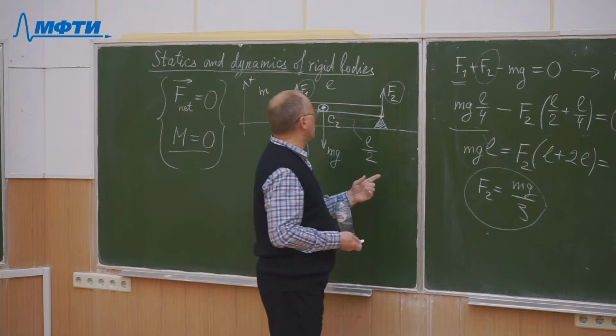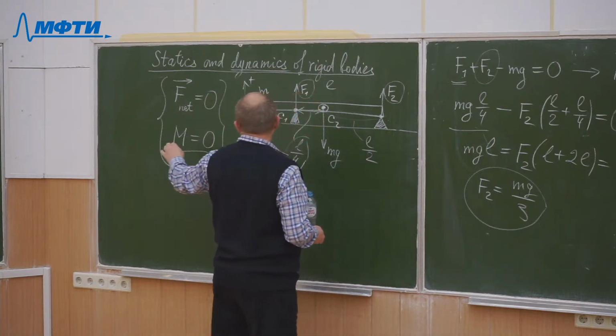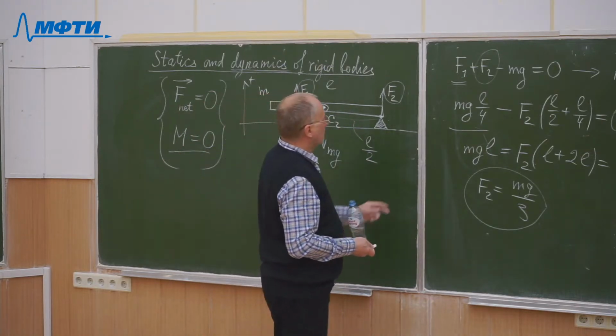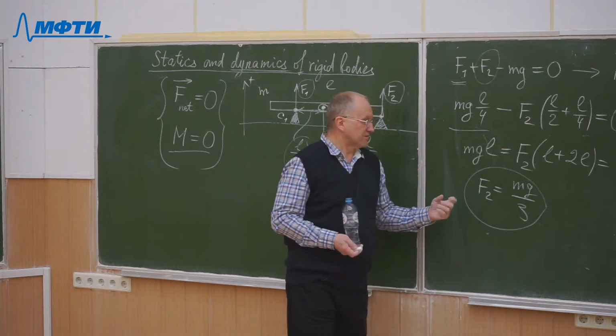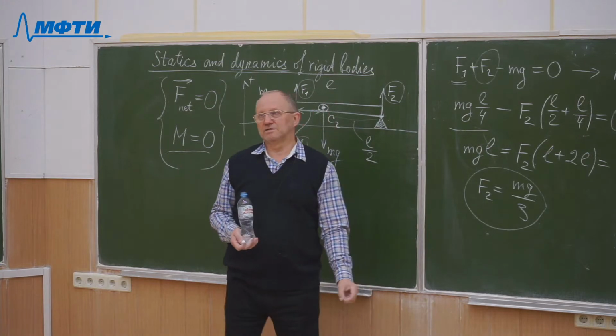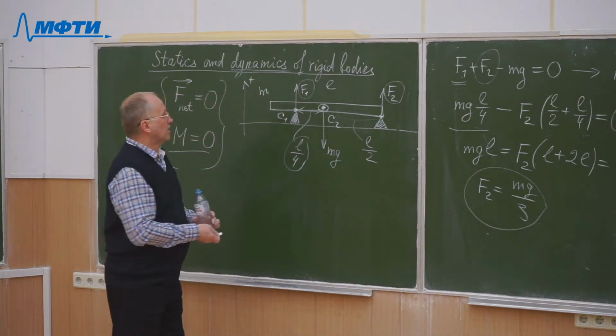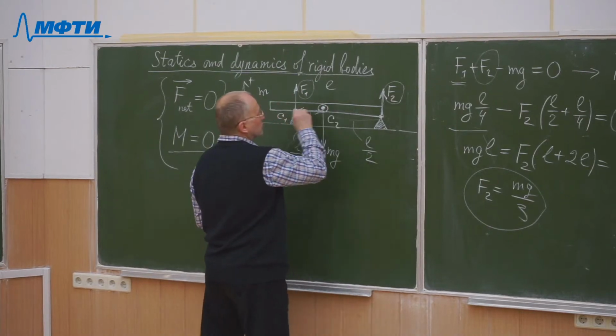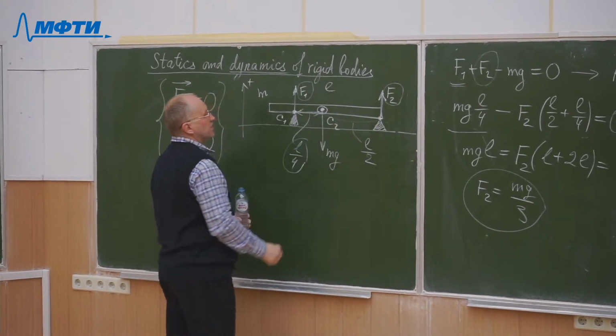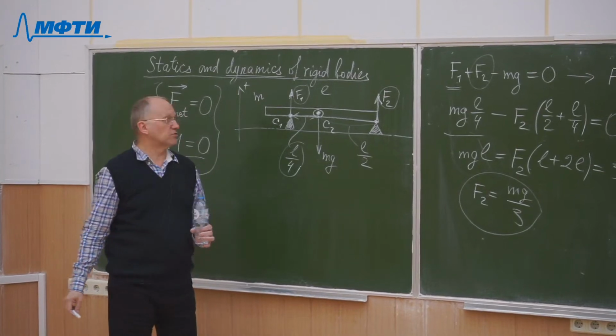If you correctly take into account all the torques, from a similar equation you will obtain the same final result. The final result related to the forces of reaction will not depend on what point of the bar you choose as the point of rotation.